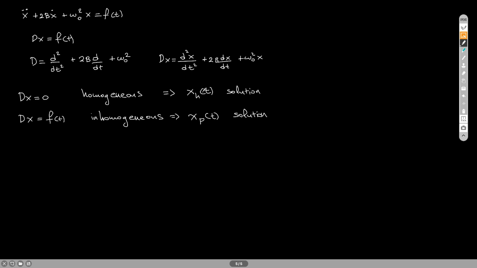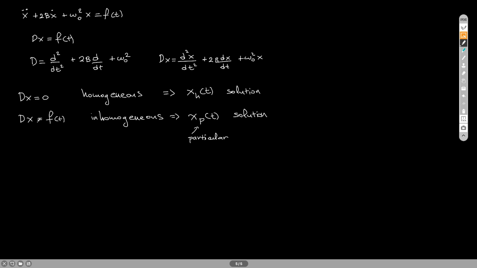I will write the solution to this homogeneous differential equation as x with the subscript h, to denote that this is the solution to the homogeneous equation. On the other hand, if I have Dx equals the driving force, this is what we call an inhomogeneous differential equation, and I will use x sub p, where p stands for the word particular. This will be the solution to this differential equation.